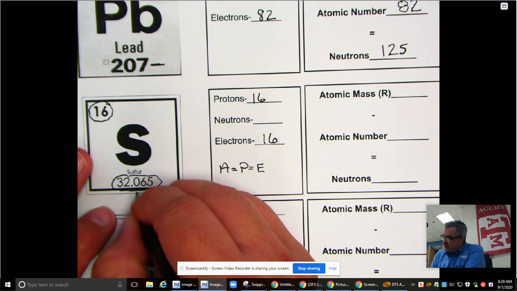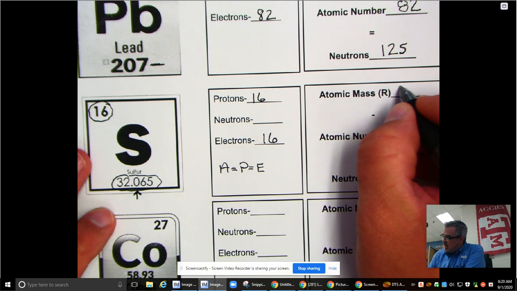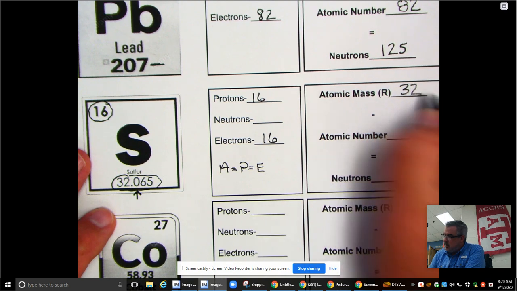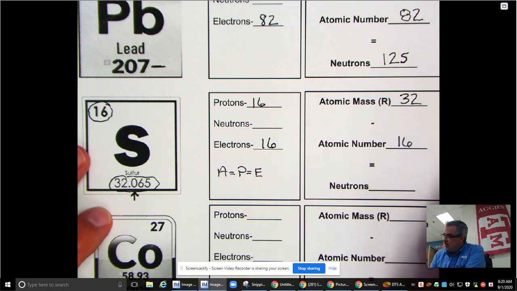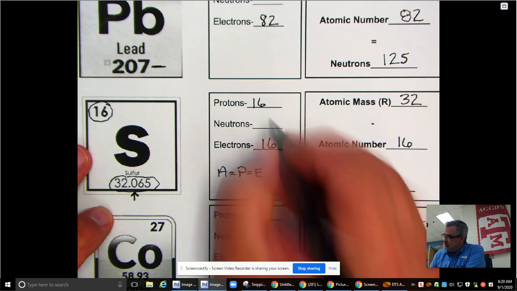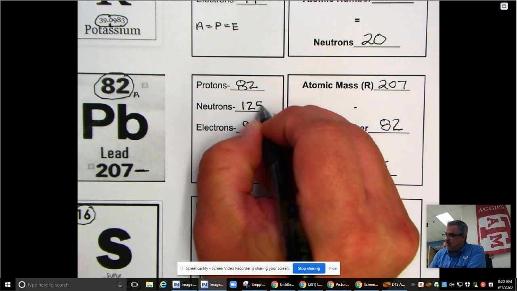Again, that first number after there is 0. So we're going to just say the atomic mass is 32. The atomic number for sulfur is 16. And so 32 minus 16 gives us 16 neutrons. Oh, I forgot to put this up here.